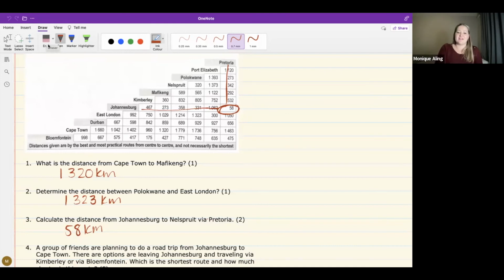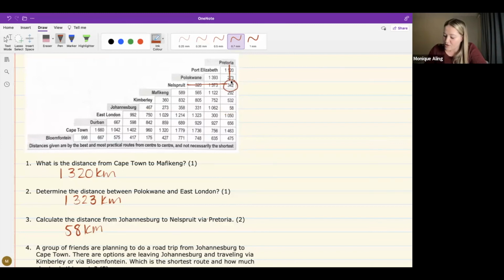Okay, let's try again. So is everyone happy with Johannesburg to Pretoria? So basically what they're saying in the question is we're going to Nelspruit, but we need to go through Pretoria first. So I'm going from Johannesburg, I traveled to Pretoria, got my 58 kilometers. But now from Pretoria to Nelspruit is a different distance. Here is Pretoria, here is Nelspruit.